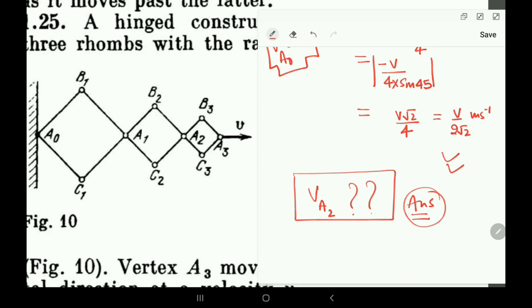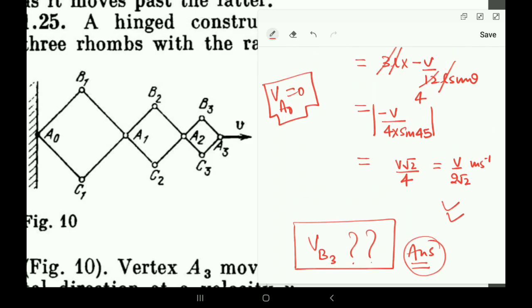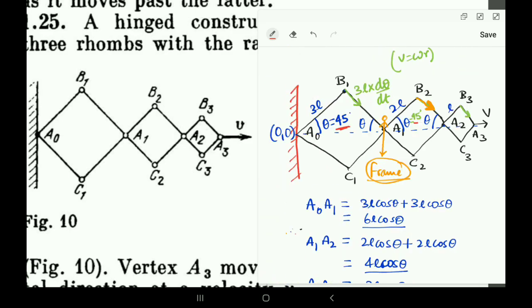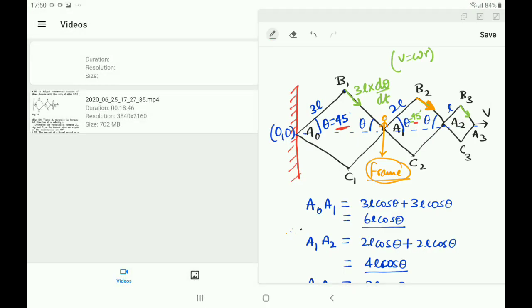I need you to find out the velocity of joint B3 with respect to ground. If you are able to calculate it, then you can be happy that you have understood this problem and how the velocity of B2 was calculated using the frame A1. So this is how it is done.